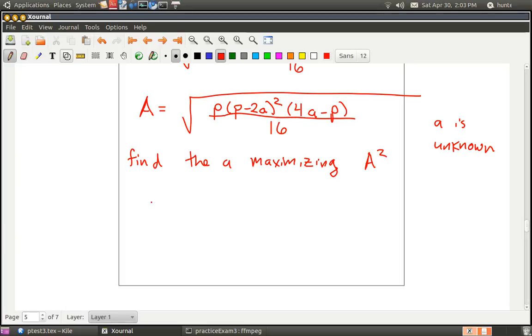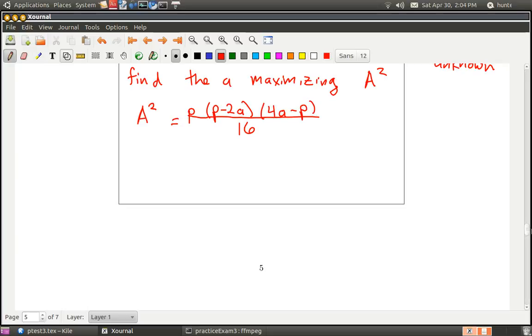So let's work with A squared, and so that is P times P minus 2A times 4A minus P all over this irritating 16, which I could also get rid of, but I think that might be confusing, so I'll just leave it there.